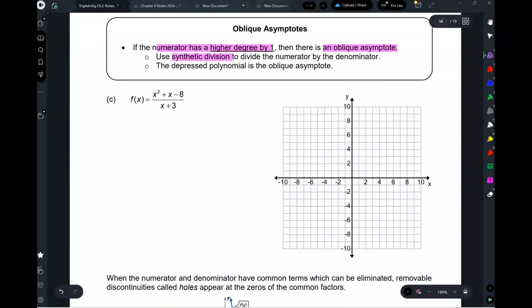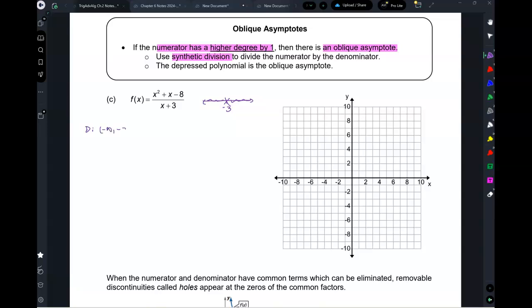Okay, so let's do this. Does this factor? It doesn't. So, the domain. Where does the denominator equal 0? Just -3. So all those regions are okay.